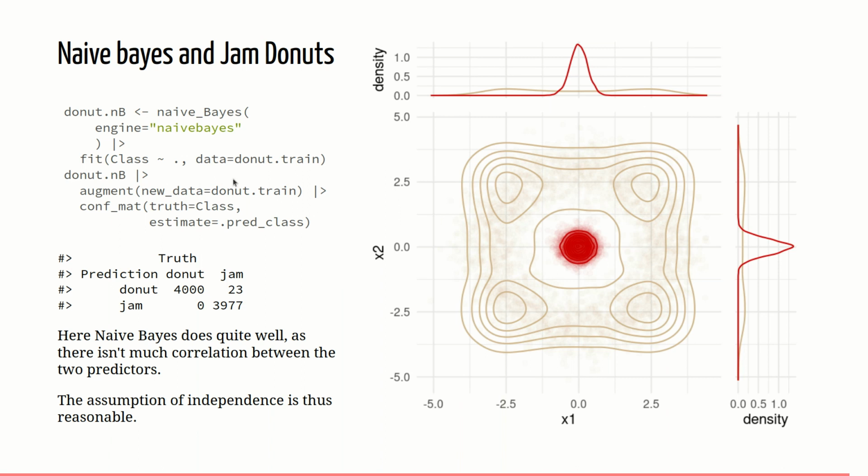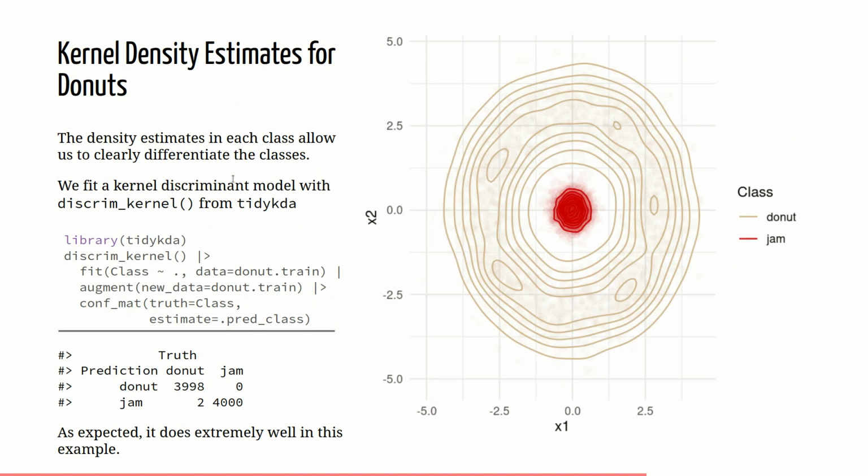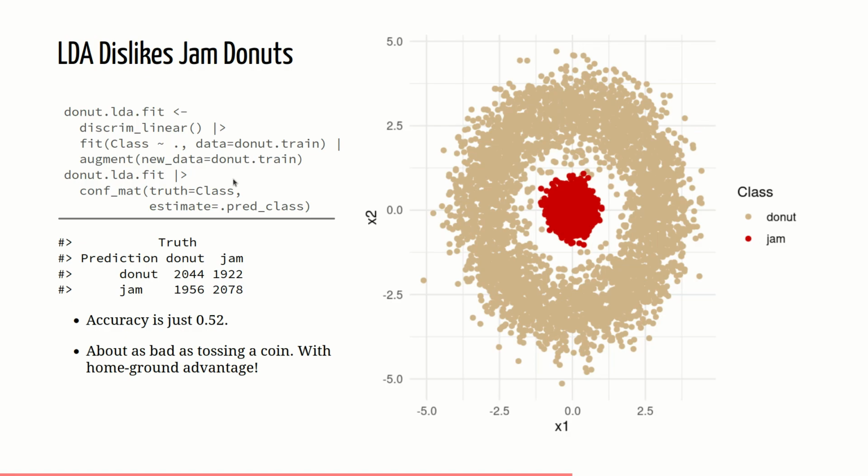Now, in the jam donuts case, there's clear correlation. So let's go back and have a look at the actual data. Here we go. There's probably no correlation within the jam class; there doesn't look to be a trend in there, but there is a trend in the donut class.